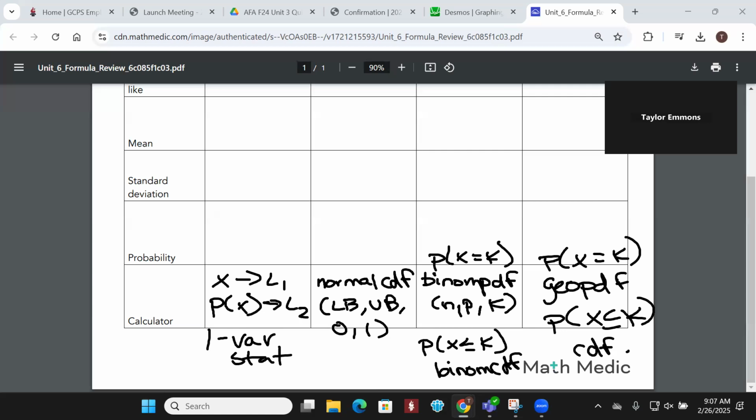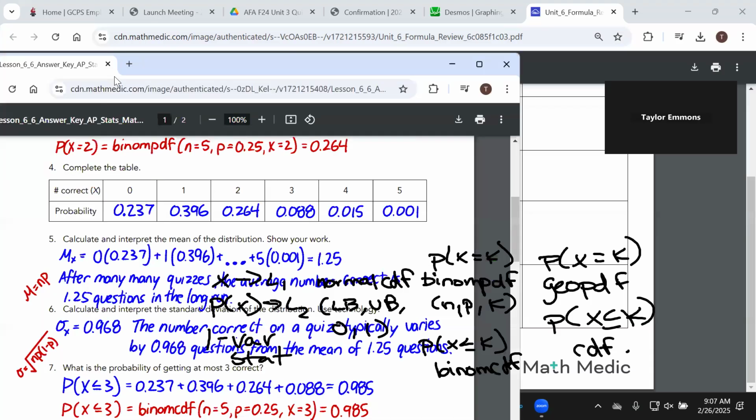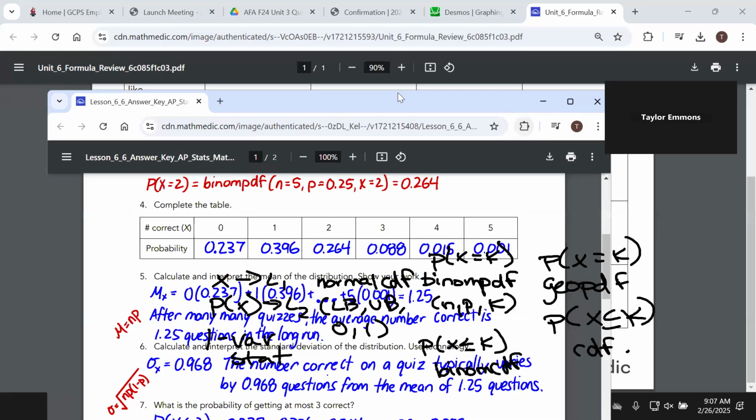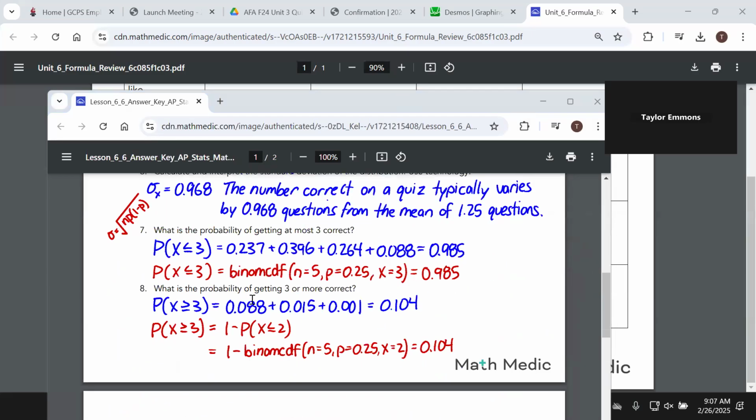Okay, so she just asked a good question about the CDF versus PDF. Remember, if we're going to get less than a value, I'm going to show you this example really quick. So this is back on the 6.6 notes. When we did at most 3, look at what we typed in for binomial CDF.